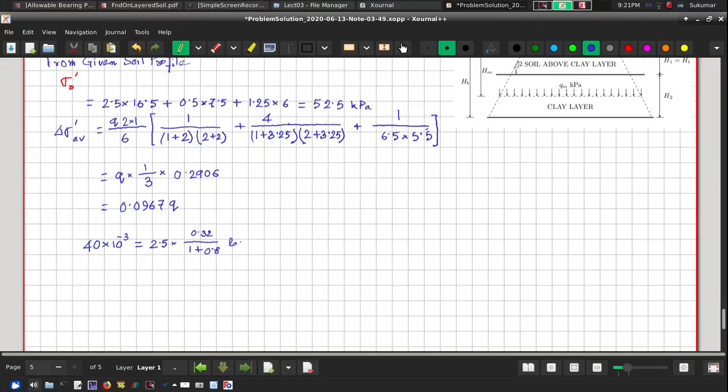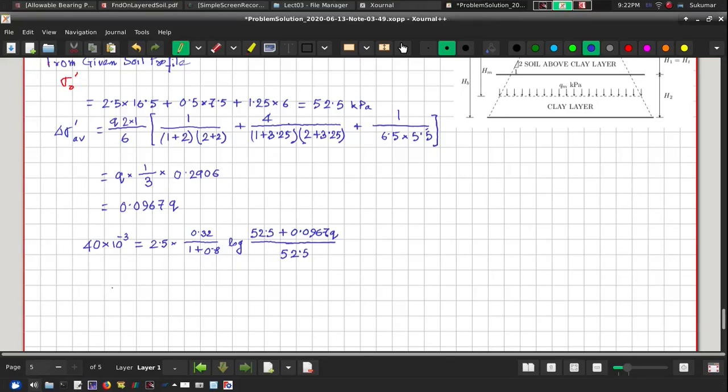Into log of sigma naught dash. Sigma naught dash was 52.5 plus delta sigma dash average, which is 0.0967 Q, divided by 52.5.